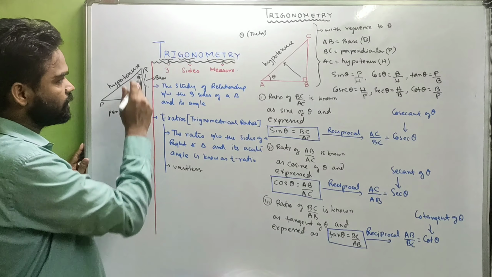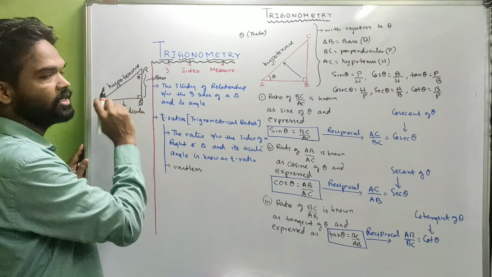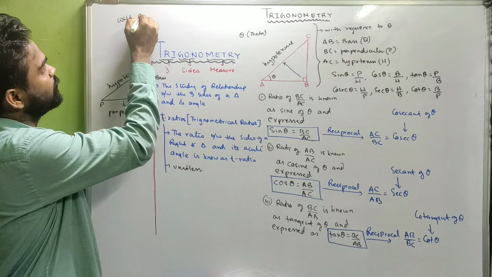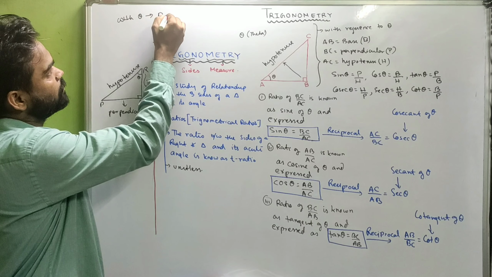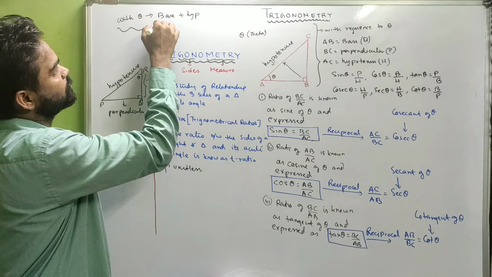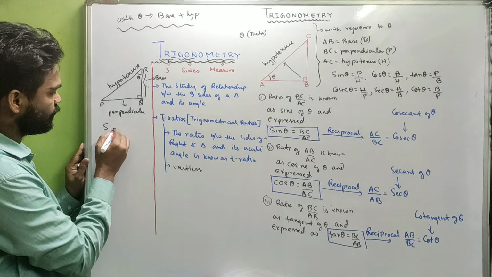See, don't think that RQ is the perpendicular in this case. The base and the perpendicular depends on theta. With theta, with the angle, you have always the base and hypotenuse. Remember that.